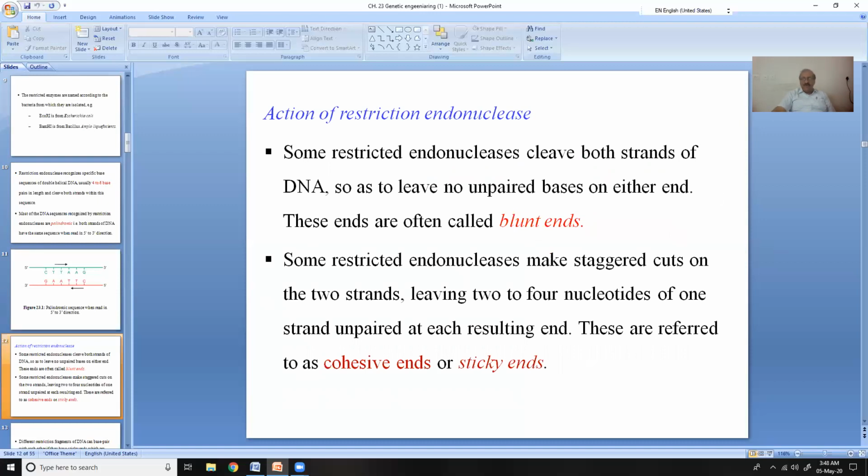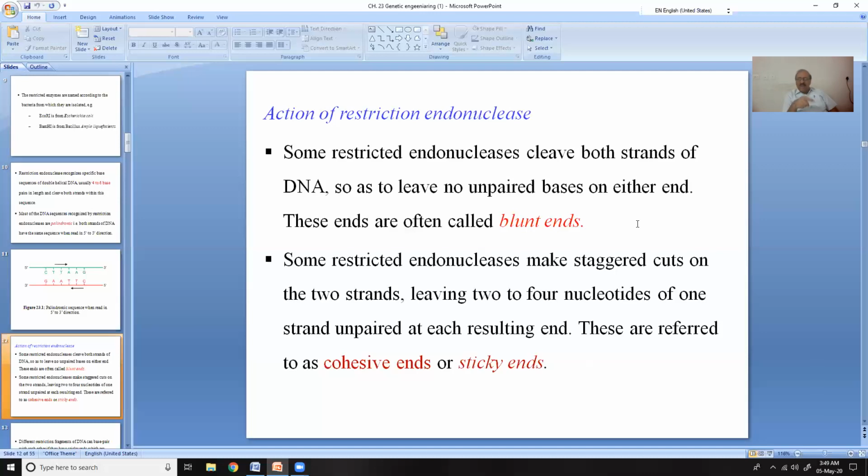Action of restriction endonucleases. Some restriction endonucleases cleave both strands of DNA so as to leave no unpaired bases on either end, and these ends are called blunt ends. So you will not find any unpaired base.